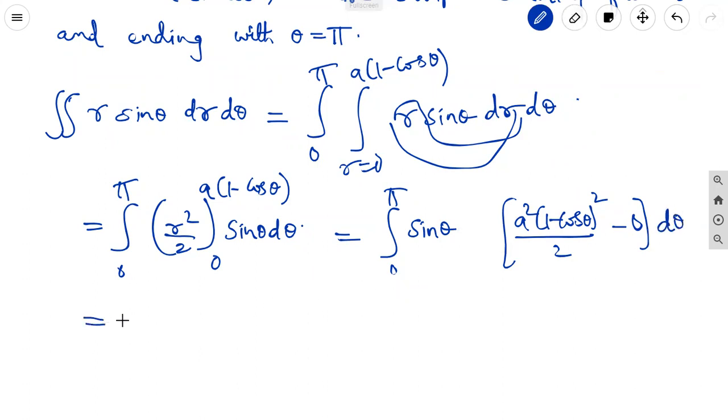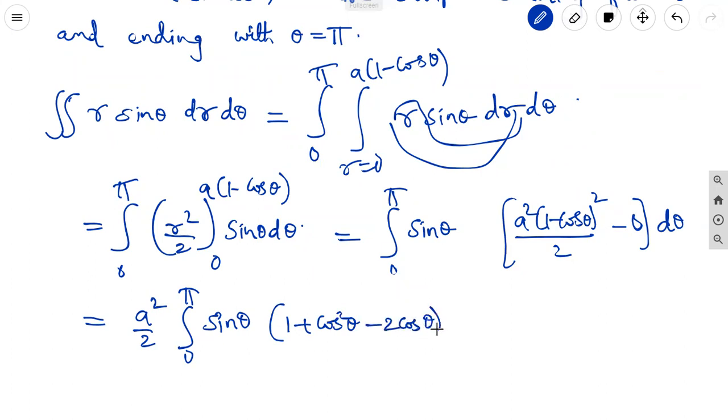Equal to a square by 2, a constant, outside. A square by 2 integral 0 to pi sin theta, into a minus b whole square, a square plus b square minus 2ab, 2 cos theta, d theta.